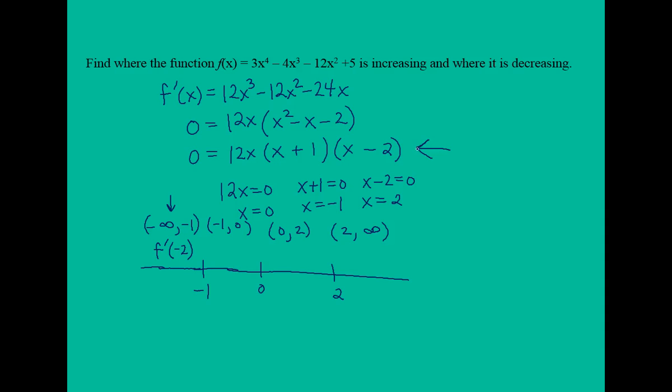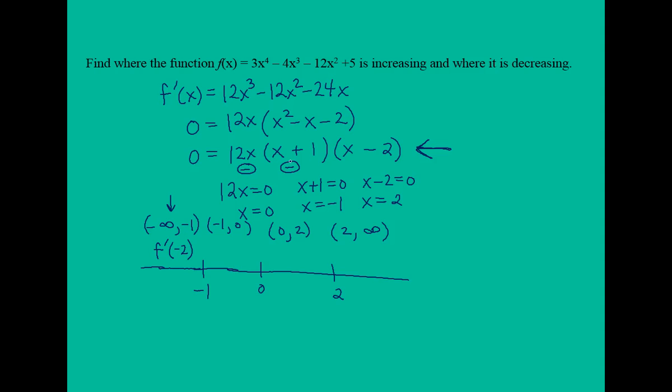back up to the factored form of the derivative. And if we plug -2 in, you can see here for 12x, we'd get a negative value. If we plug -2 into x plus 1, we would get a negative value.